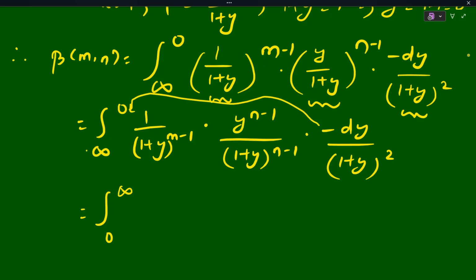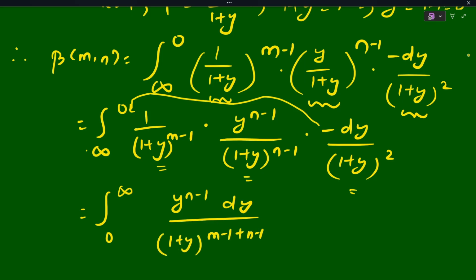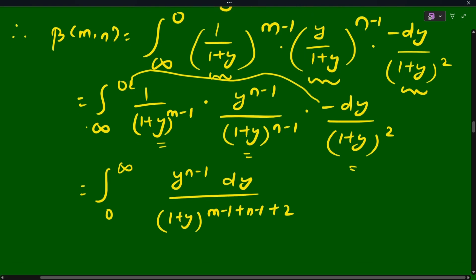And in the next step we are going to add up these powers of 1 plus y. As the base is the same, the powers will add up, and this term would be y to the power n minus 1 dy, divided by 1 plus y to the power m minus 1 plus n minus 1 plus 2. Now this is minus 1, this is plus 1, so sorry, minus 1 minus 1 is minus 2, and this is plus 2, so both will cancel out.